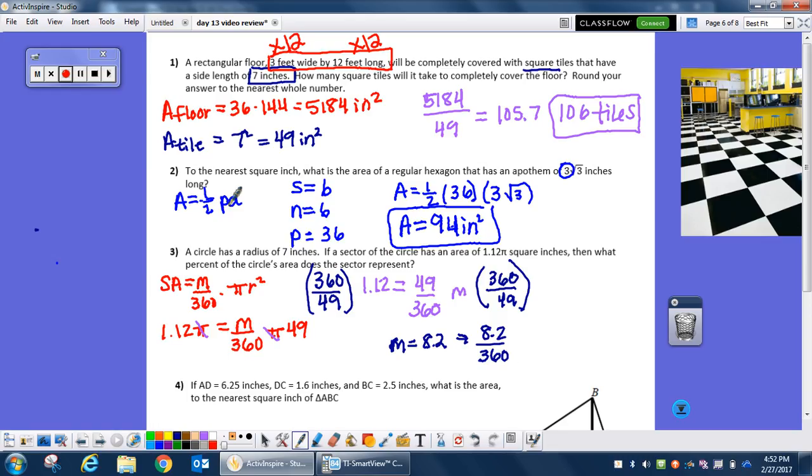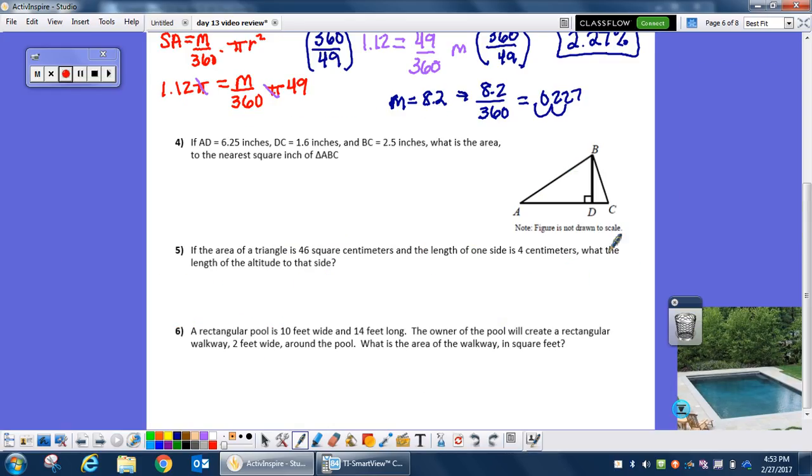Okay, so 8.2 divided by 360 is 0.0227, and then you can move the decimal over 2 spots and you get 2.27%. The one on your test will be a nice pretty fraction, which will make a nice pretty percent. Okay, all right, number 4 we have done a lot of, so I'm just going to start labeling.